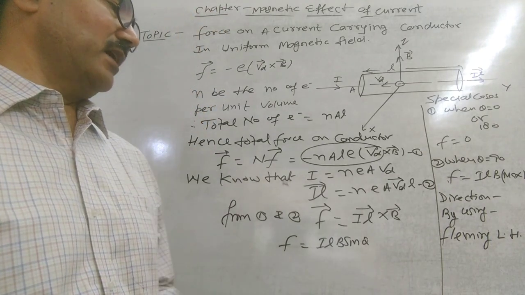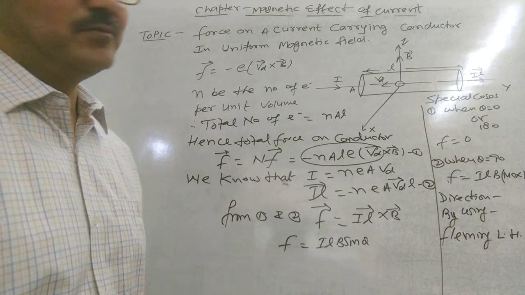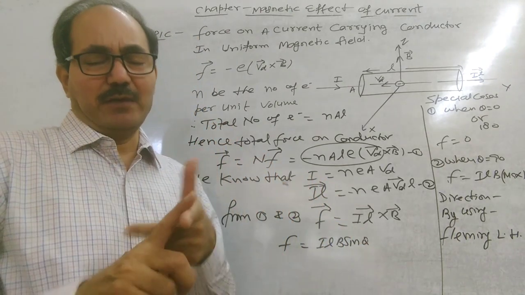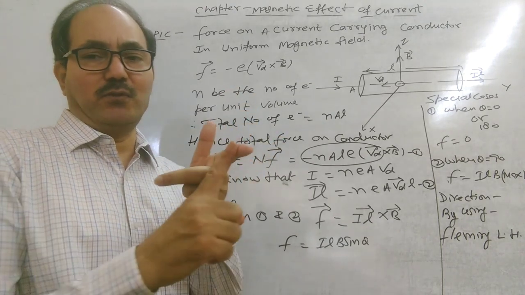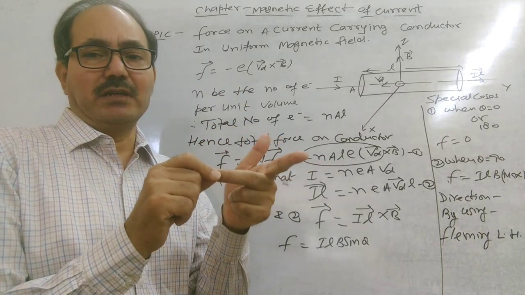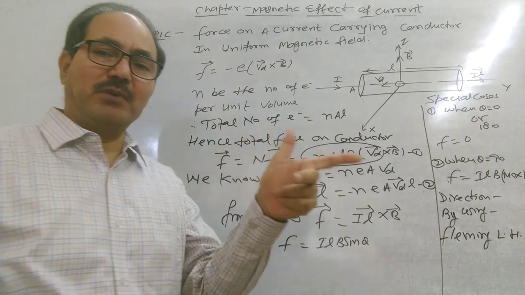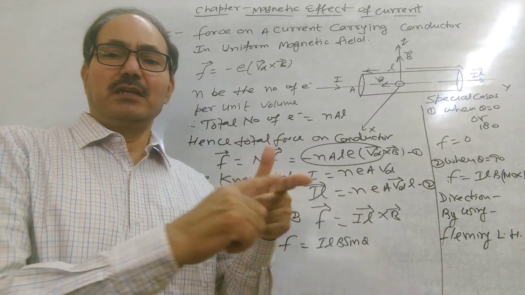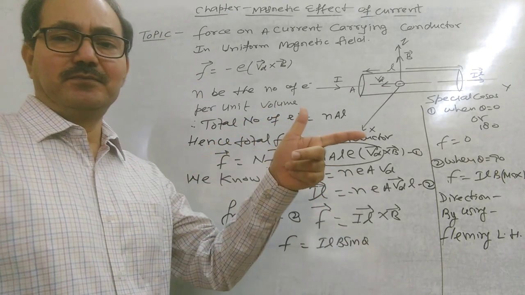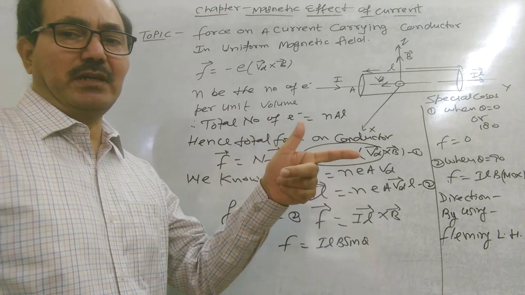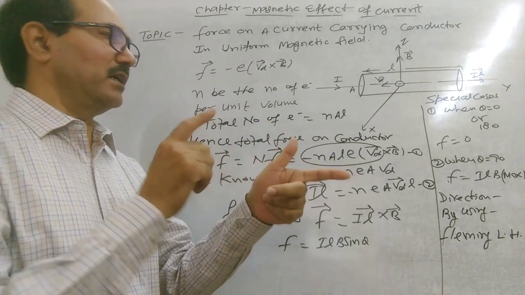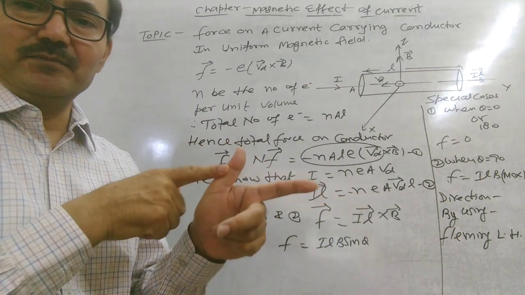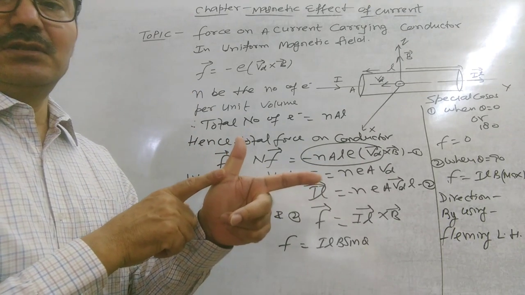तो फ्लेमिंग लेफ्ट हैंड के अकॉर्डिंग, if we stretch this forefinger, this center finger and this thumb mutually perpendicular to each other, and if the direction of forefinger represents the direction of magnetic field, and this center finger represents the direction of current, then the direction of this extended thumb will represent the direction of force, right?